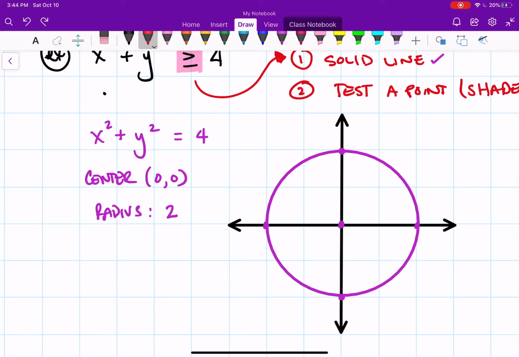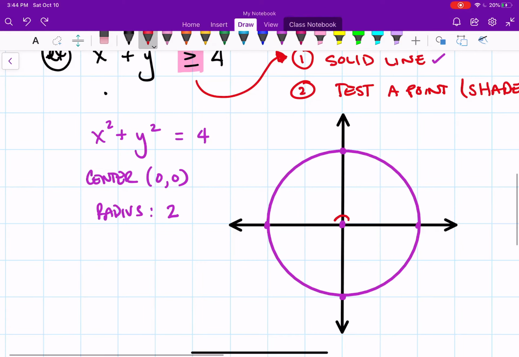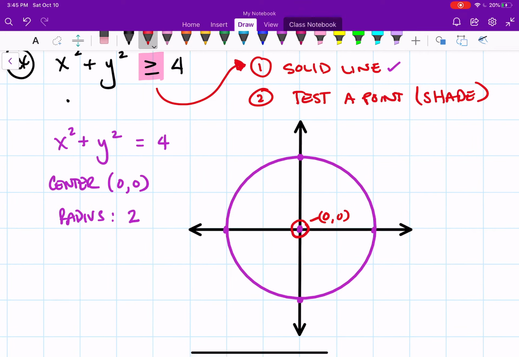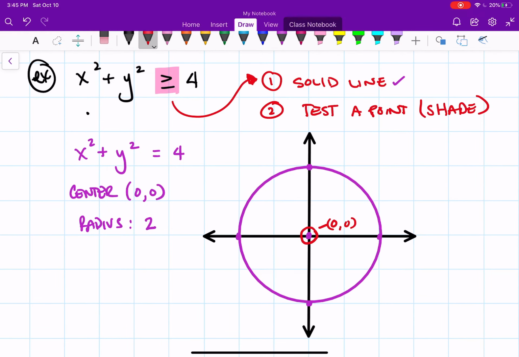So that's why we need to test a point. One of the points that's easiest to test, if it was available, meaning no line is going through it, would be the origin, 0, 0. That'd be the easiest one to do. So that's available because it's not part of the circle, in terms of the line aspect of it. So we can use 0, 0.